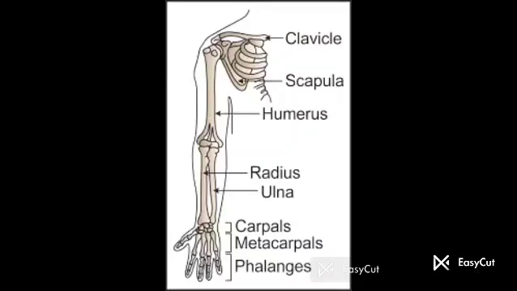Next we see the palm bones, called the metacarpals, and finally the finger bones, called the phalanges. So the correct order is humerus, radius, ulna, carpals, metacarpals and phalanges.